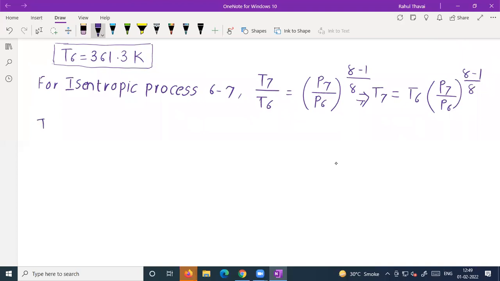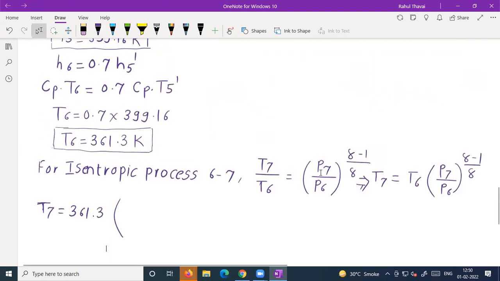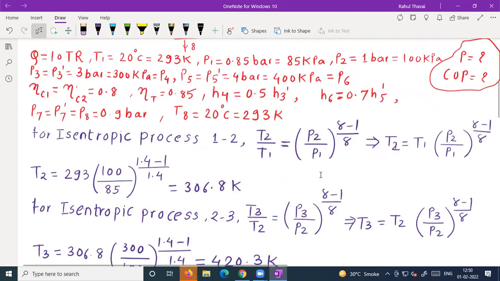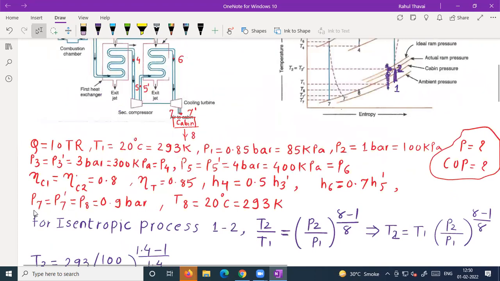So let us calculate T7. T7 is given by T6, that is 361.3, multiplied by P7 by P6. Let us see whether P7 is given. Yes, P7 is given, that is 0.9 bar. I forgot to convert that: multiplied by 100, it is 90 kilopascal.